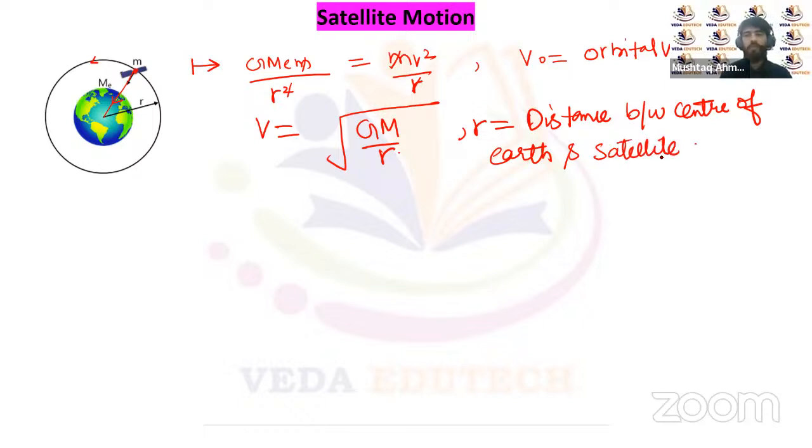So the orbital velocity is under root of GM by r. It depends upon the mass of Earth and the distance. So this is the orbital velocity.